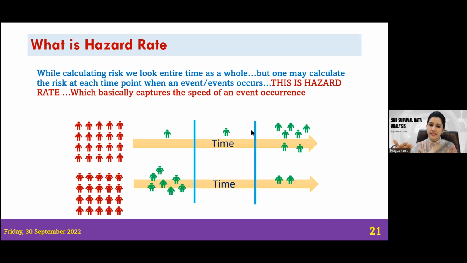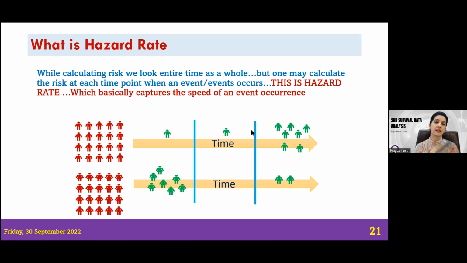In this case, because it's instantaneous, it's not a single point event. So the risk set, which we have defined as the people who are at risk of development, or the proportion who survived after that time, keeps changing. If you divide the hazard rate of one group by the hazard rate of the other, whatever we take in the denominator acts as a reference, like in the case of an odds ratio.